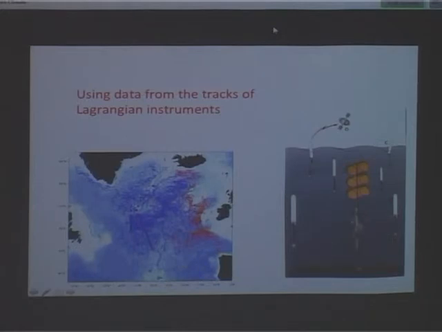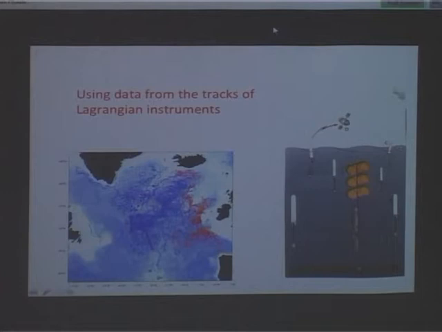You can see on the right here a cartoon which shows you what they're like. They're pressurized to stay at a certain depth, and they have a weight on the end which holds them down. Then there is a pinger, a sound source, anchored on the floor of the ocean, and through triangulation and the sonar signal they figure out their position, and they record that as they go along.